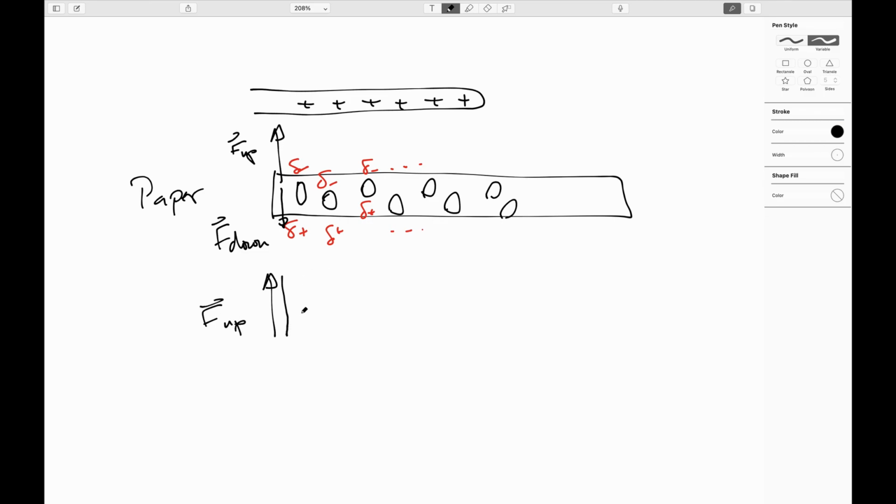In fact, it'll be an even better cancellation than before because the difference in distances is so much less. But even that tiny little bit upward is enough to attract, say, a piece of paper against the force of gravity pulling down on it. So neutral objects can be attracted by anything.